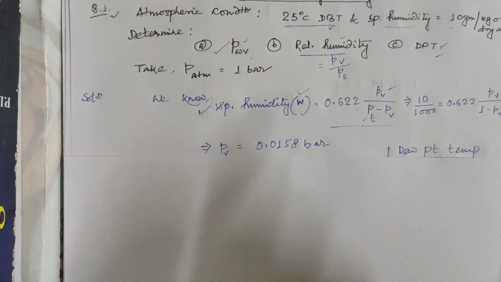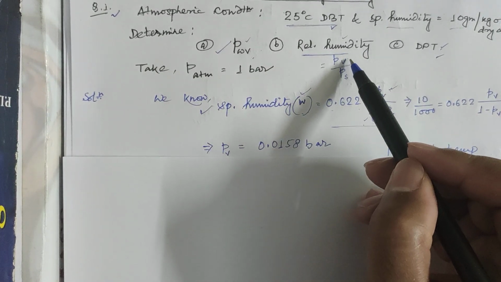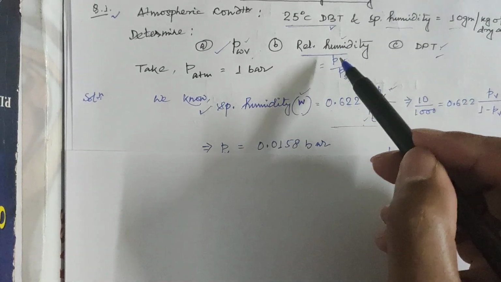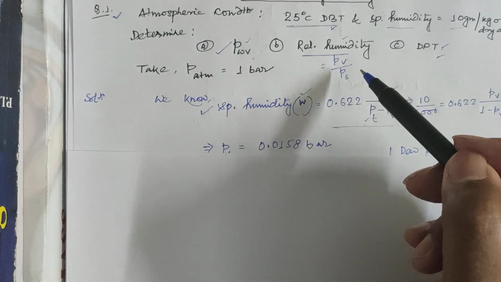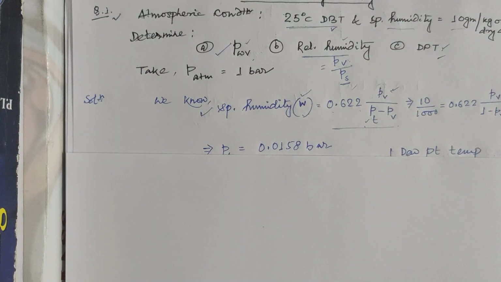Okay, so PV is known. So the first part is over. Now for the second part, finding relative humidity, which is the ratio of the partial pressure of water vapor to the partial pressure of saturated vapor in the same volume of air at the same dry bulb temperature, you have to calculate PS, the partial pressure of saturated vapor.